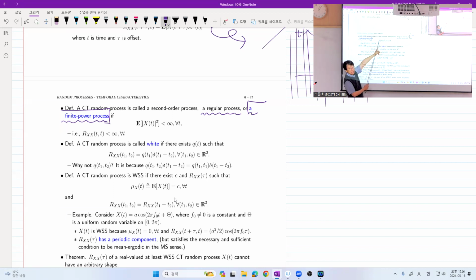And if you take the expectation, that is the expected instantaneous power. If this is a function of t and it is bounded, less than infinity for all t, then it is a finite power random process. Of course, this value could be a function of t. It is not necessarily a constant.